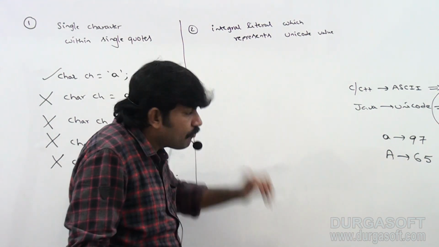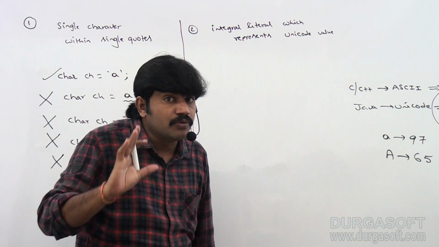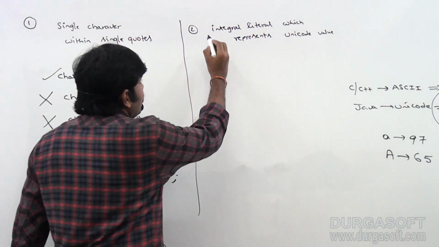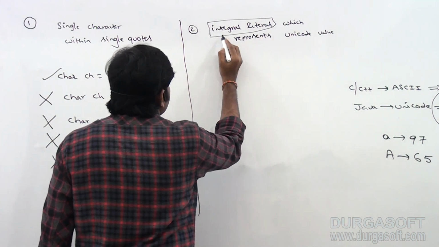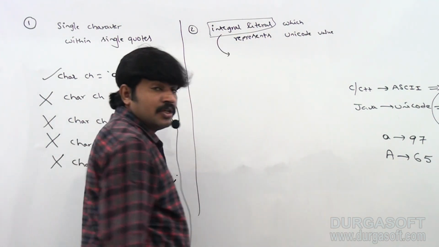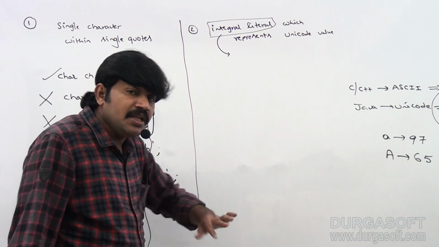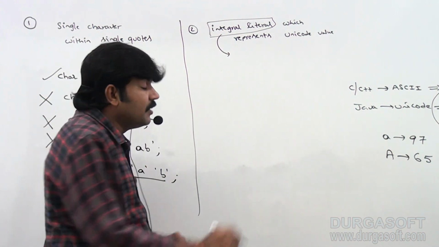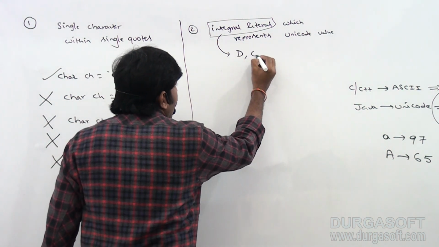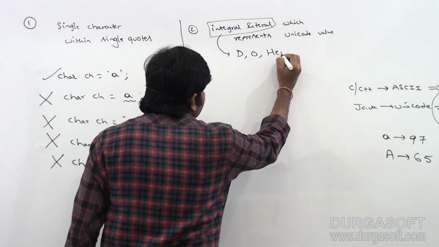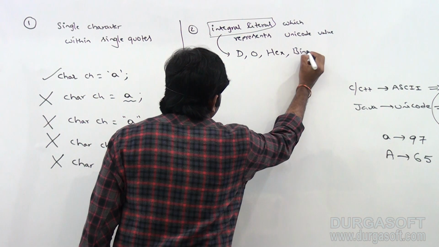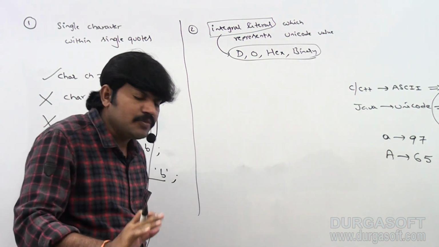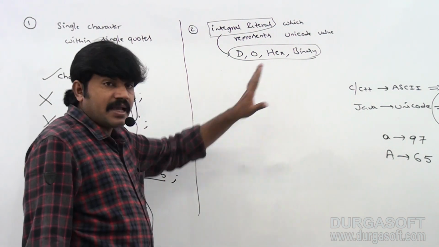Now as it is an integral literal, you can specify it in any form, because an integral literal we can specify in 4 forms: either decimal or octal or hexadecimal or binary, no problem at all. In any form you can specify, it is acceptable.